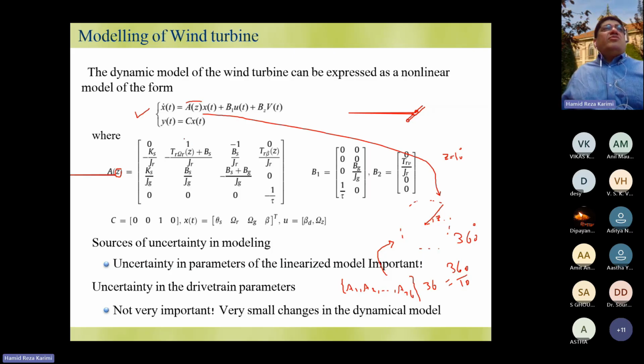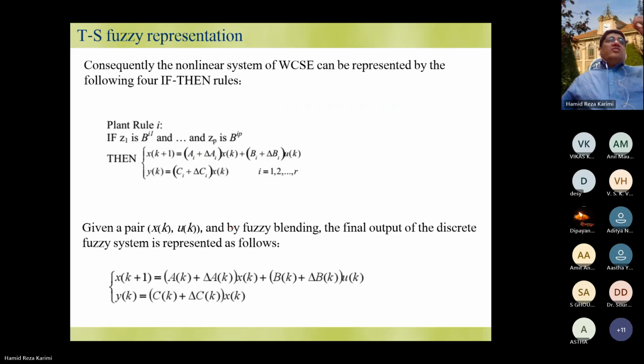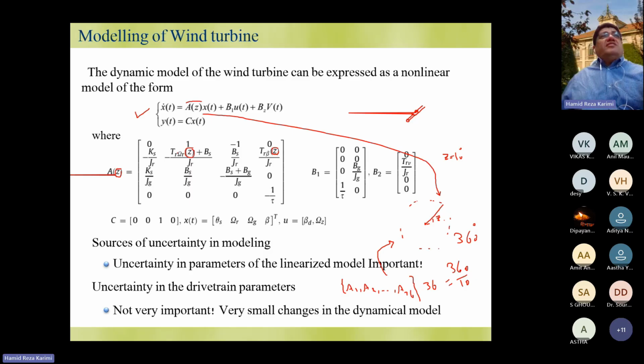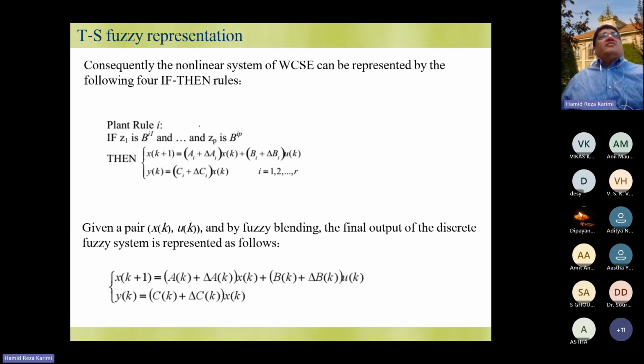In this mathematical model, there is some formulation of Z that appears here. If you look at the mathematical model, you can see the model is nonlinear, so you can use the fuzzy approach, the TS approach. Based on the fuzzy rules, you can develop this mathematical model for the turbine.